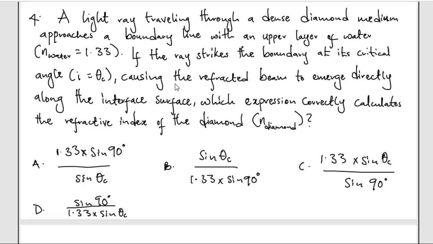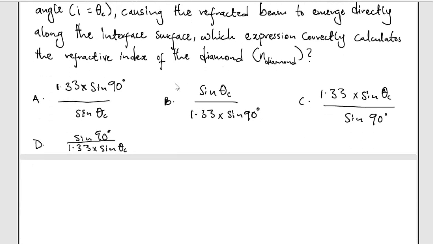If the ray strikes the boundary at its critical angle, the critical angle is the angle where the refracted ray is 90 degrees, causing the refracted beam to emerge directly along the interface surface, which expression correctly calculates the refractive index of diamond?